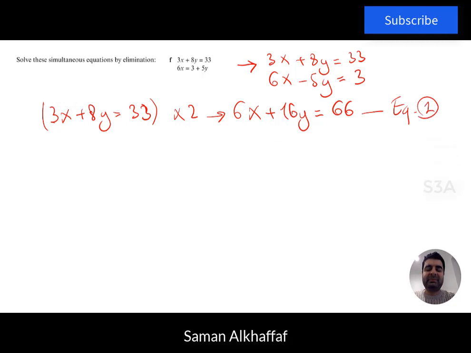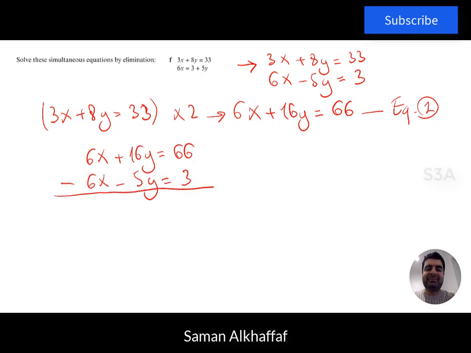So now we will try to take away the second equation from this equation. So we'd have 6x plus 16y equal 66 over minus 5y equal 3. If we take these equations from each other, that means the sign of the second one will change, and this will become positive, and also this will become negative.